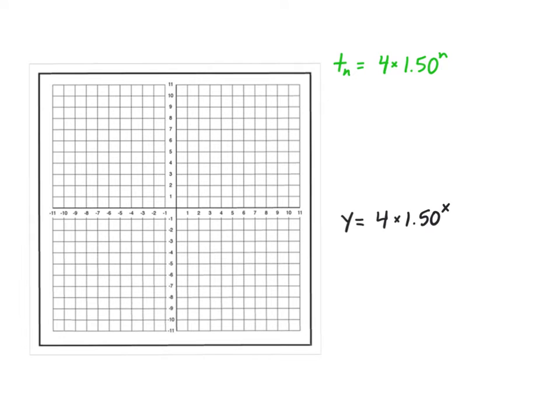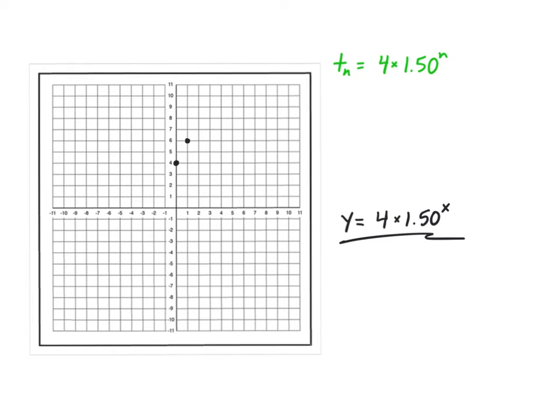All right, in the black one here, we have an exponential equation. We are starting at 4, and we are multiplying by 1.5. So if I multiply by 1, that's still 4. Then a half of it is 2, so 4 and 2 would get me to 6. I went too far there. 6 is the next point.